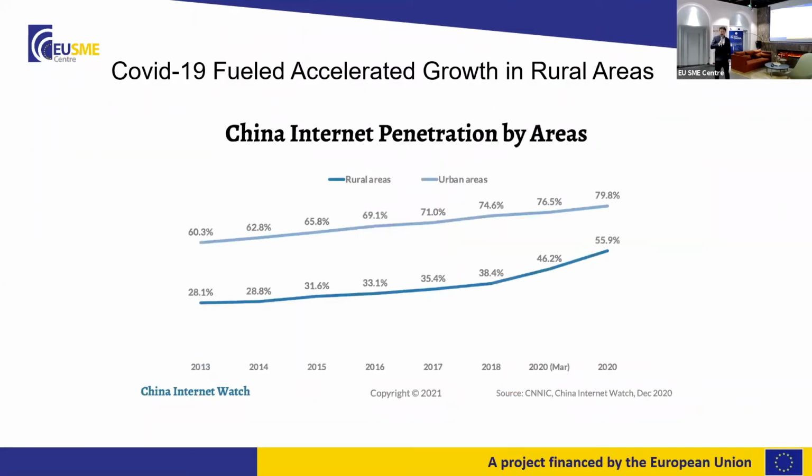One of the other things that has jumped out is the fact that the lockdown that we've had in China was earlier than most places. March last year saw a huge surge in the internet penetration. And if you look at the lead in the rural areas, the second line, you see here a huge jump from 46 to 55% penetration.